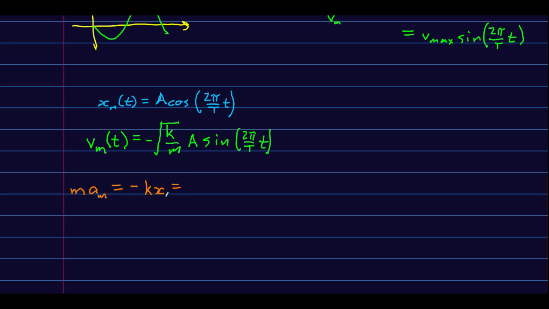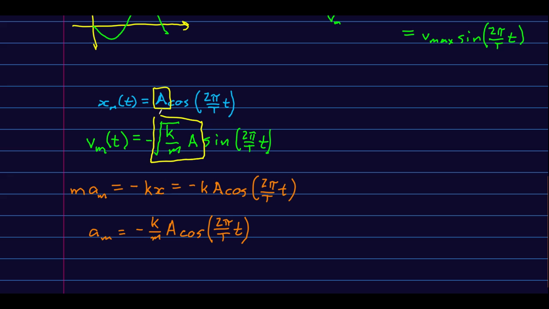And so all I need to do is take the x from up here and plug it in. And so I can solve for the acceleration. And if you look at these three expressions, you'll notice an interesting pattern going on with these factors out front.